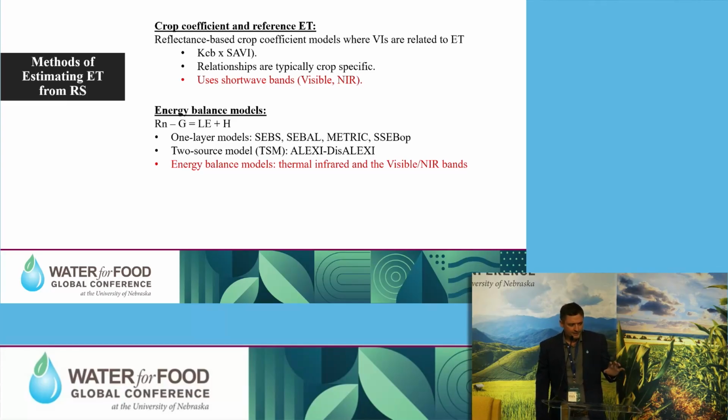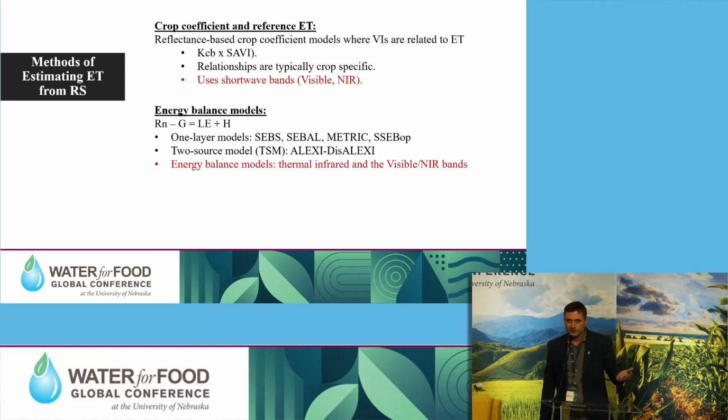In this approach, we can have a one-layer model, which means we estimate the evapotranspiration considering the soil surface and the canopy together, like a single model. The SEBAL model, for example, is a very well-known example of a one-layer model.